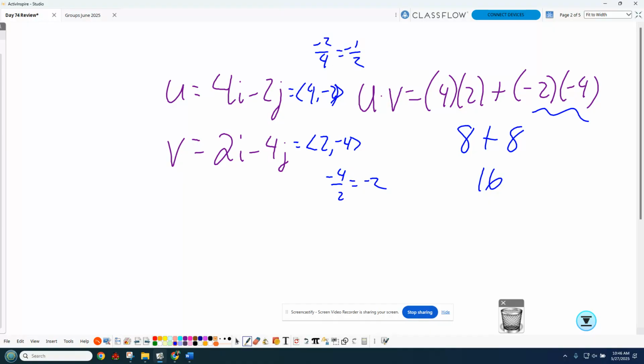Is that not like the inverse slope? They are reciprocals, which doesn't do anything. Negative reciprocals make them perpendicular, but these are just upside downs of each other. So if it was like a positive 2 over 4, now they'd be perpendicular. But that's not what you're given, so they are not perpendicular. Other questions?